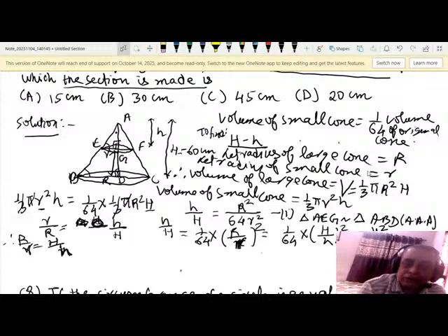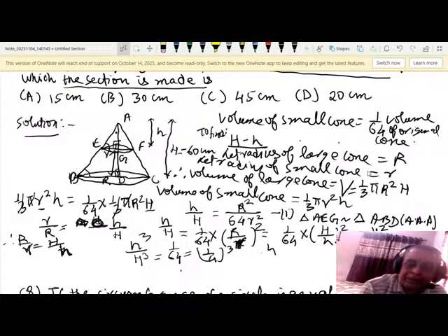Now cross multiply. Small h squared moves to the left side, multiplied with small h, so we get small h cube. Similarly, it is capital H cube times 1 upon 64, which is 1 upon 4 whole cube.